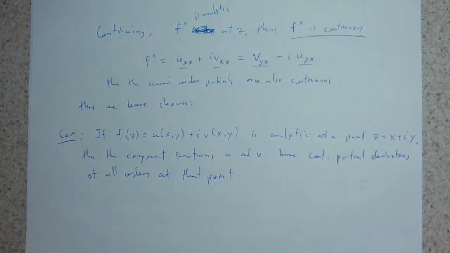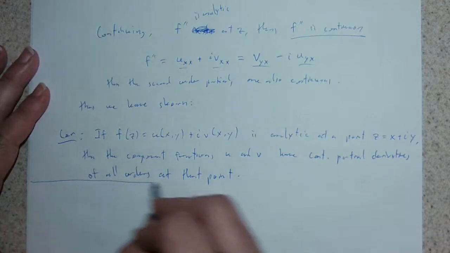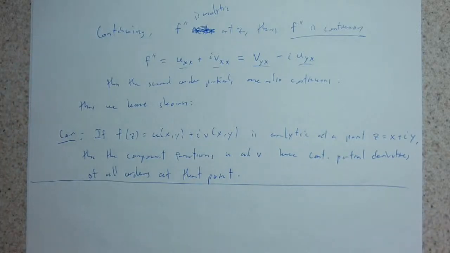Okay. All right. So this is a really nice fact that corresponds to that previous nice fact, that the existence of a derivative of a function guarantees the existence of higher order derivatives of the function at the same point.